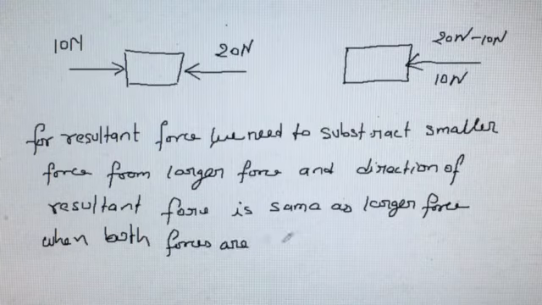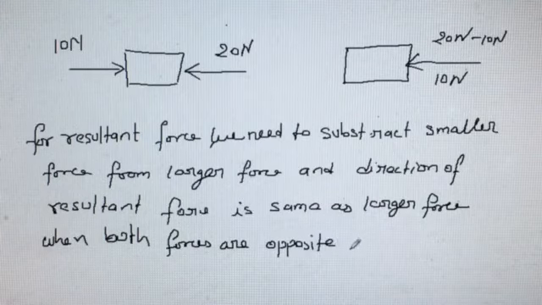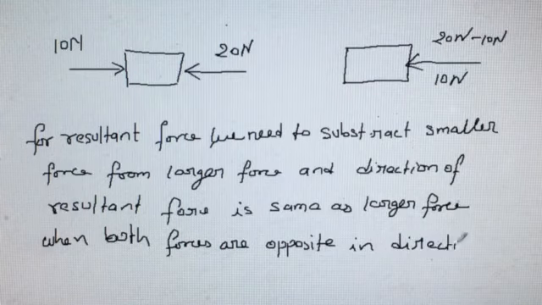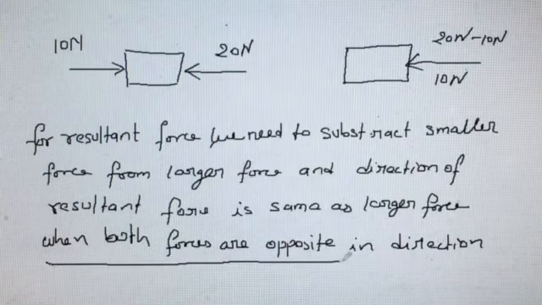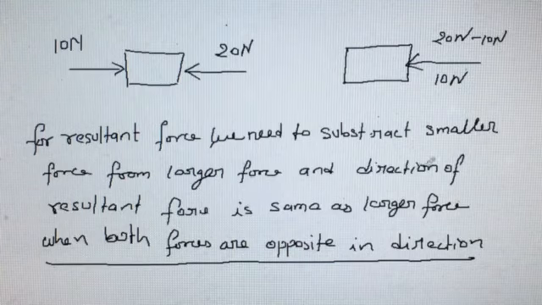See, when two forces are opposite in direction, in that case for resultant we subtract the smaller force from the larger force and the direction of resultant is the same as the larger force.